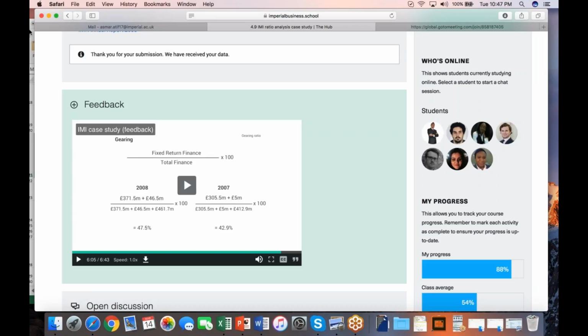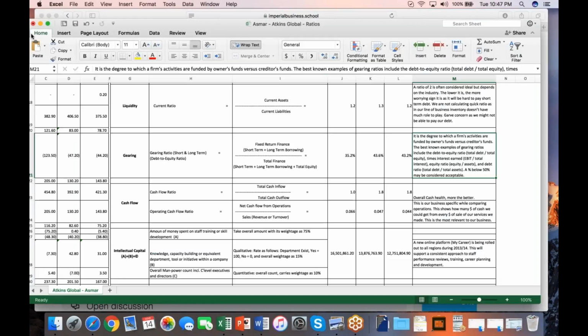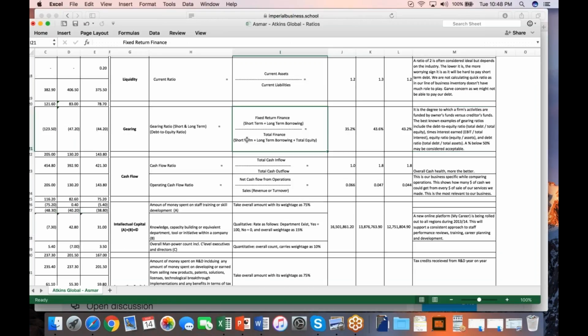So the formula is short-term plus long-term borrowing divided by short-term plus long-term borrowing plus total equity, which means the overall money which funds the business.